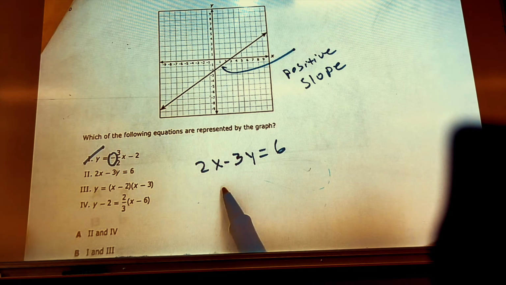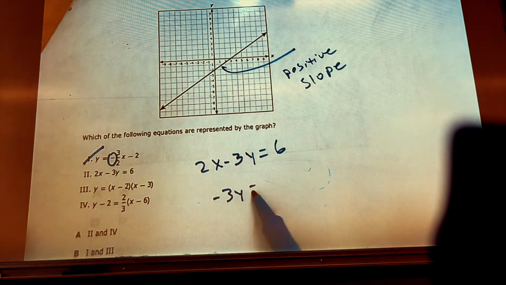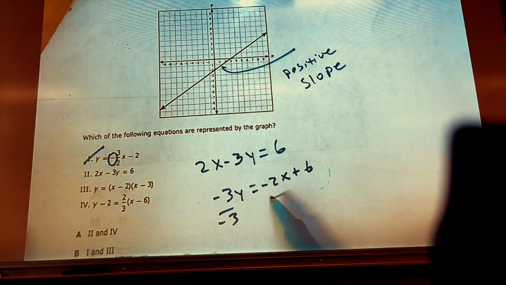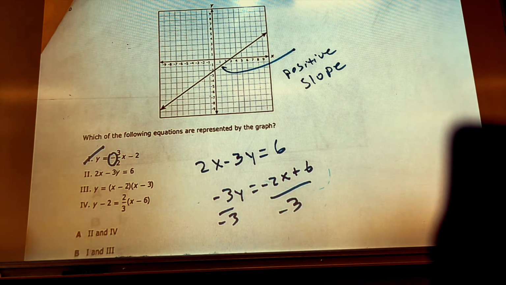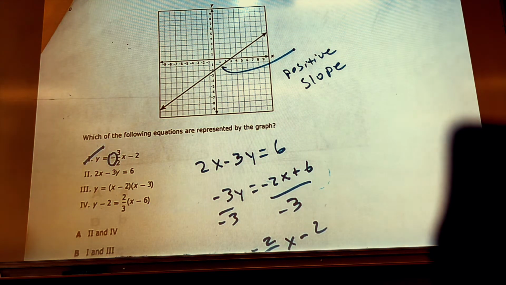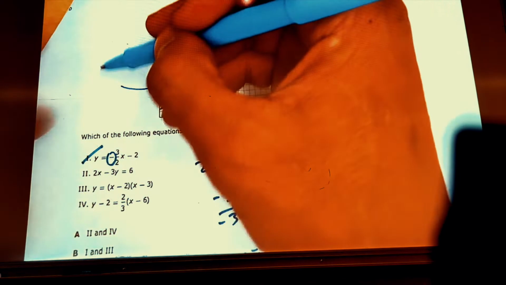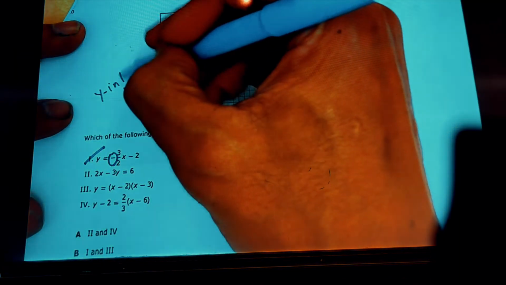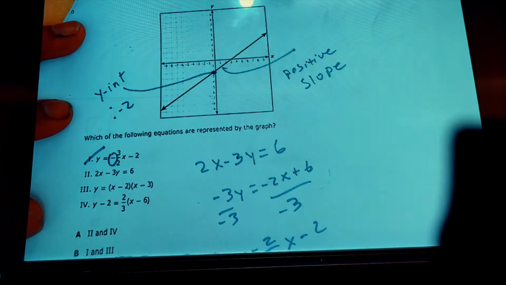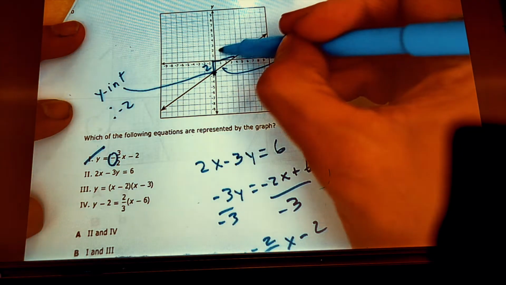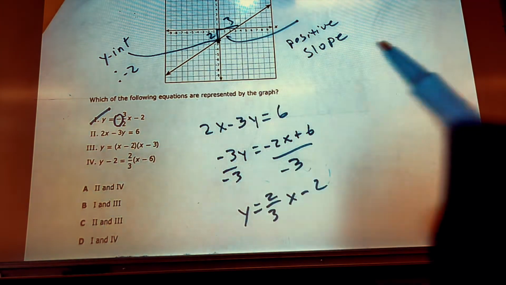So that would look like this. Okay, so is the y-intercept negative 2? Yes. Confirm. Is the slope 2/3? Yes, it is. The slope is 2/3. So confirm.